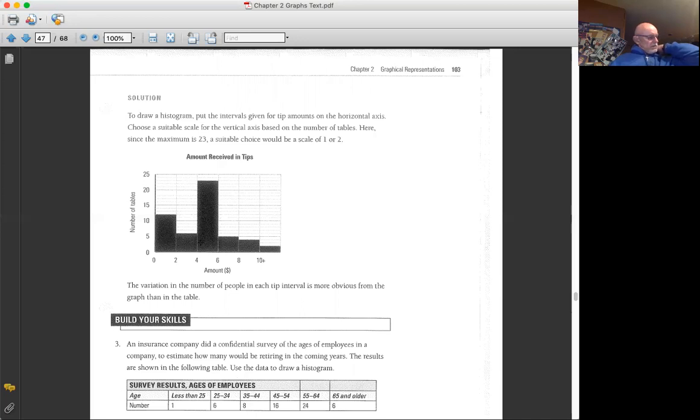That's still maybe not as obvious. Maybe they're saying that the variation in the number of people in each tip interval is more obvious from the graph than the table, I suppose. But again, I don't really get it.